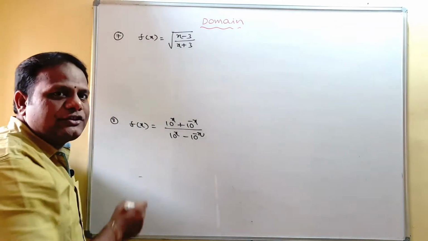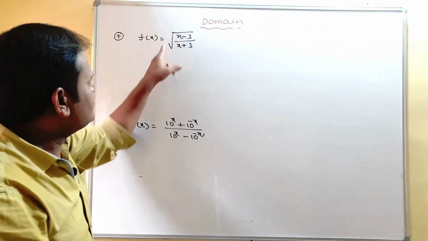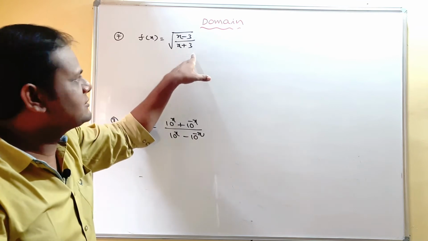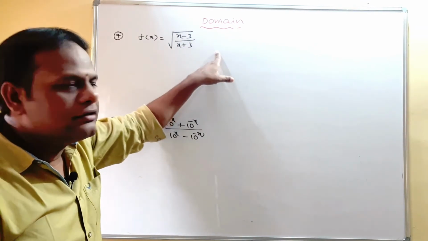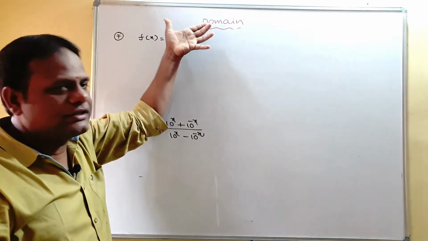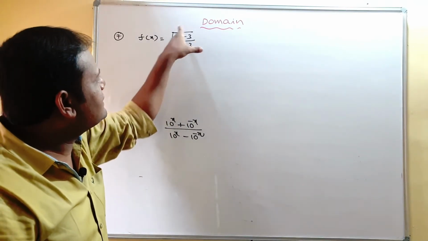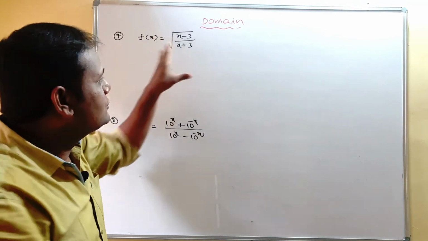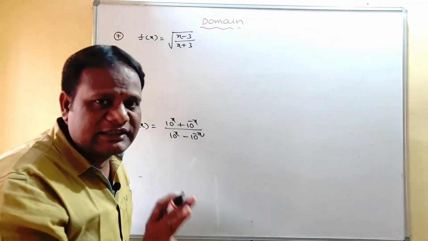Coming to the seventh one, f of x equals the square root of (x minus 3) by (x plus 3). We have to find the domain of this function. Observe this function. It is in a square root, so you tell me when this is defined.